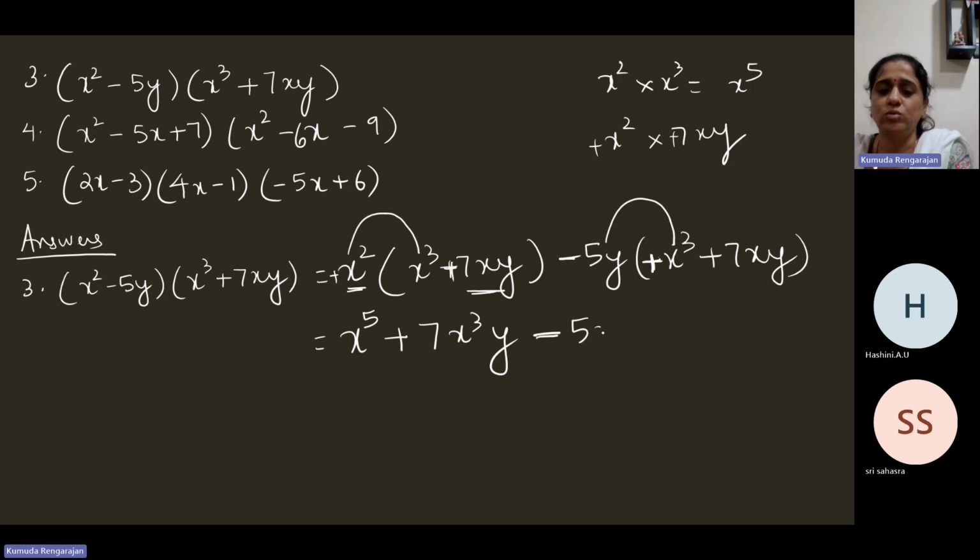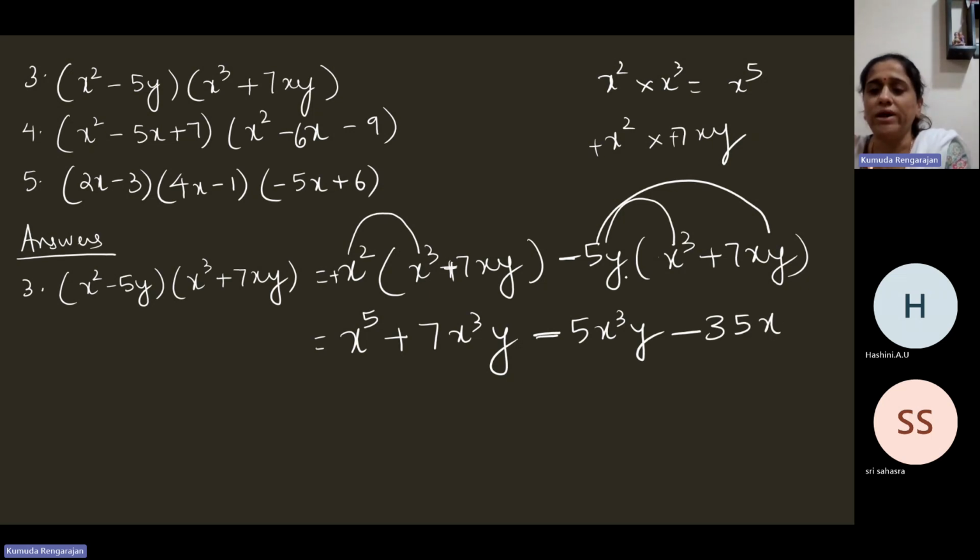Then 5 x cubed y. And then 5y minus 7xy: minus into plus, minus. 5, 7 are 35. X, y into y is y squared. 1 plus 1, 2.